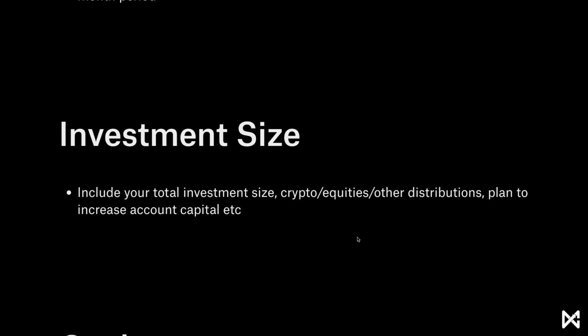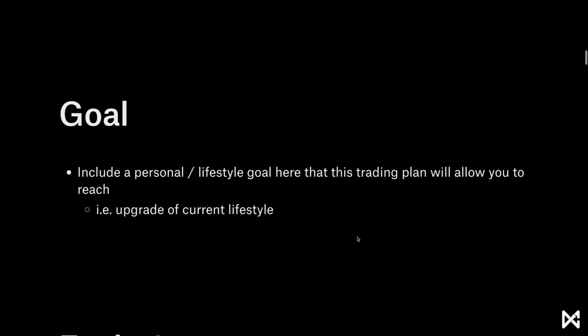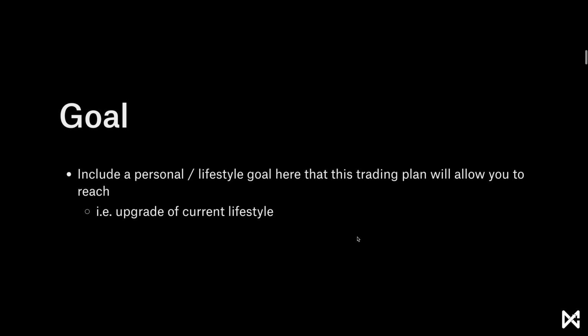Now let's move on to the next one. The goal. I would say this is your personal goal, right? By following this trading plan over a 12-month period, I plan on this, whatever it is. This is kind of like where you take section 1 or season 1, know yourself, and you take that goal that you create for yourself, the next lifestyle upgrade.